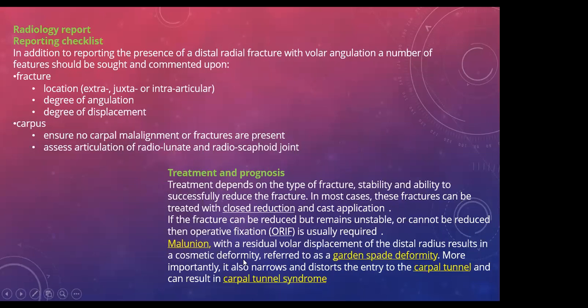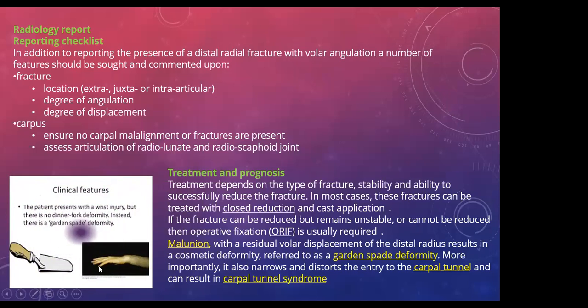Malunion with residual volar displacement of the distal radius results in a cosmetic deformity, referred to as a garden spade deformity. More importantly, it also causes narrowing and distortion of the entry to the carpal tunnel, which can result in carpal tunnel syndrome. This is a garden spade deformity.